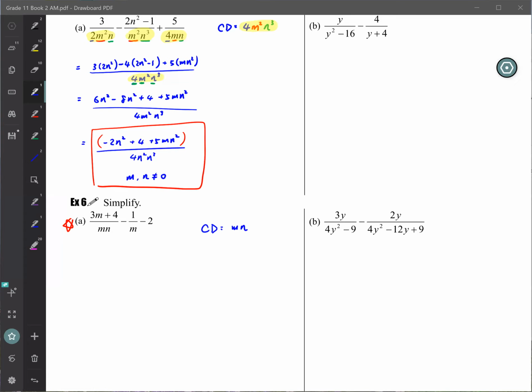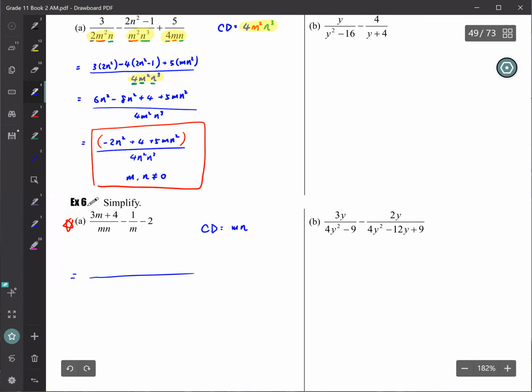We have 5 people finished now. Your first line should look something like that, and you put MN at the bottom. Remember to check if you can simplify at the end.